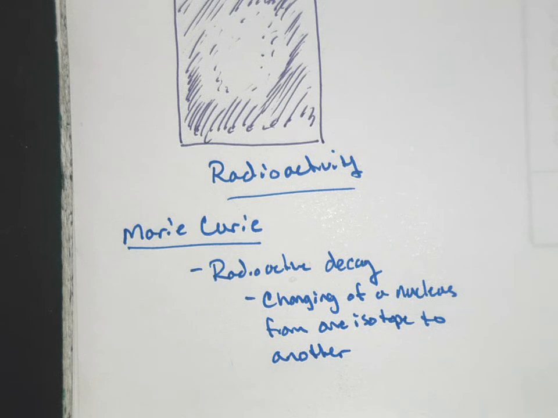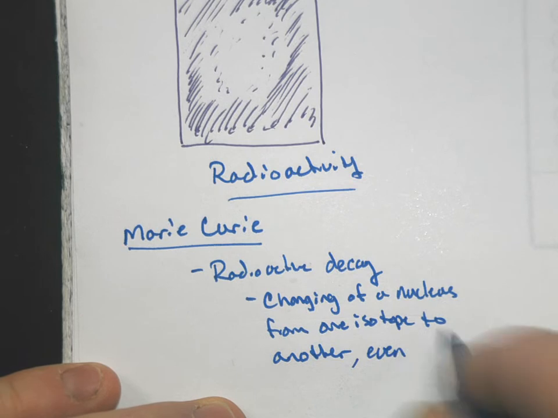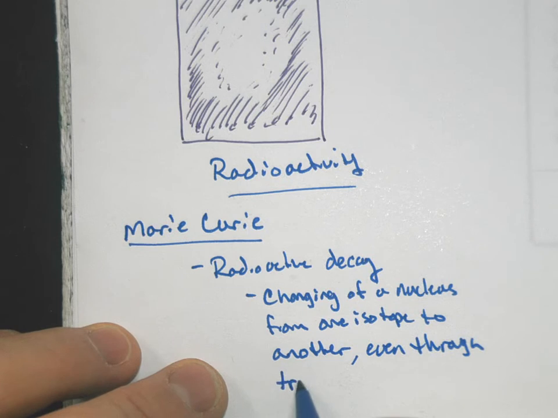Okay. Now, we're not just talking isotopes of the same element. The element can actually change, even through what is called transmutation.